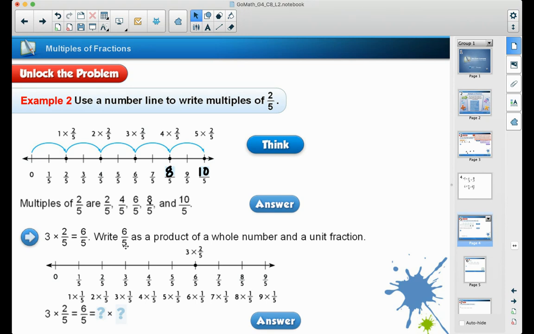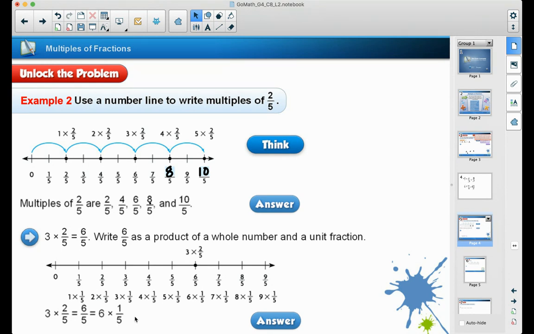Write 6/5 as a product of a whole number and a unit fraction. So we're going by fifths. 1/5, 2/5, 3/5, 4/5, 5/5, 6/5, 7/5, 8/5, and 9/5. So 3 times 2/5 equals 6/5, which is equal to 6 times 1/5.